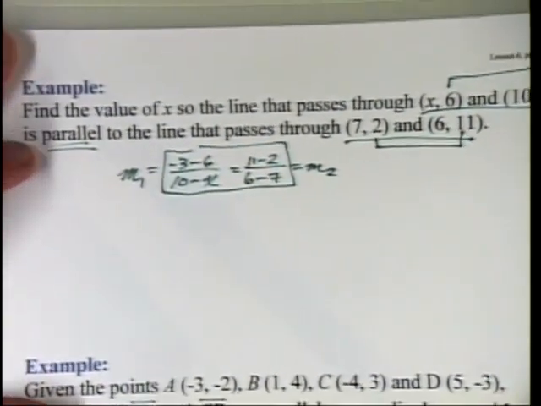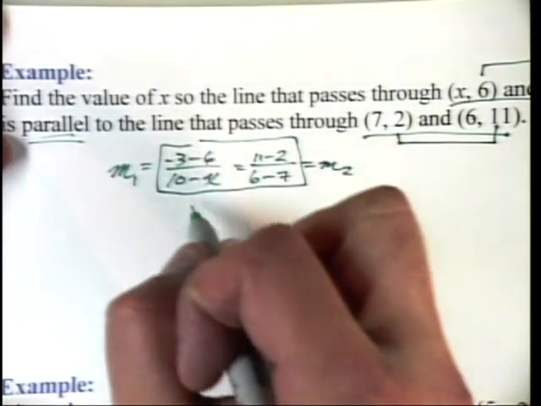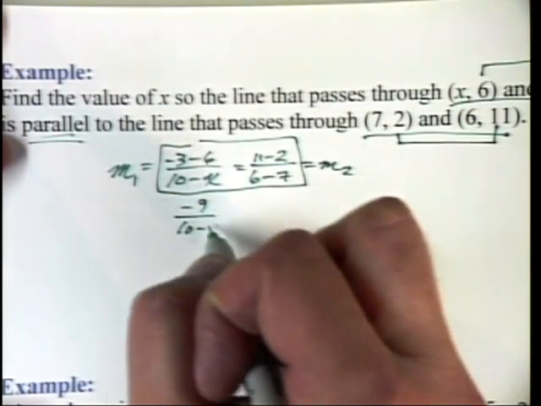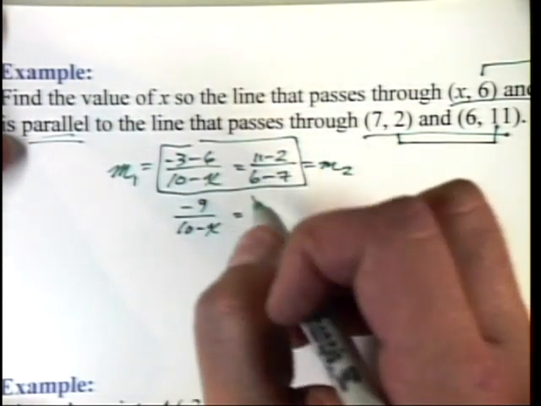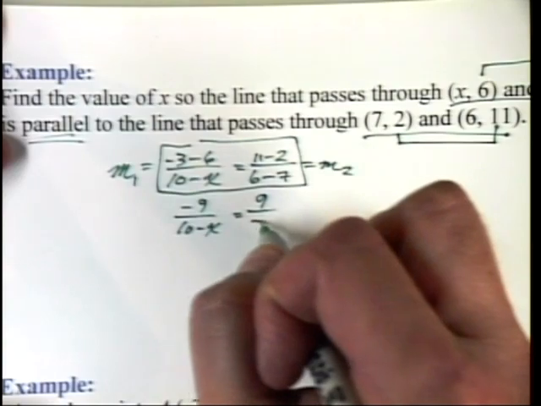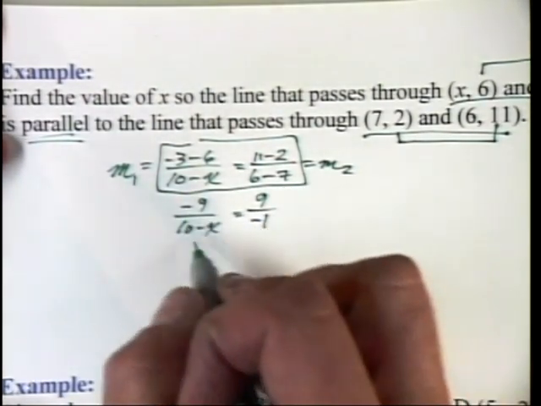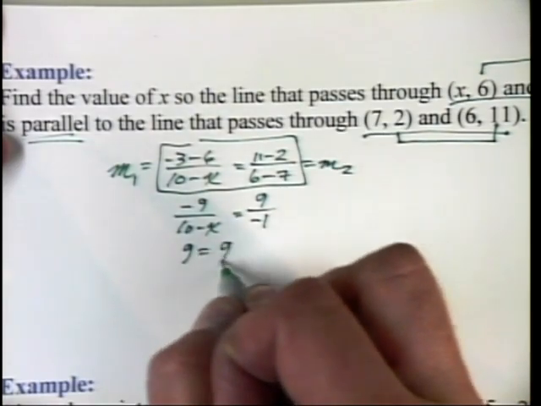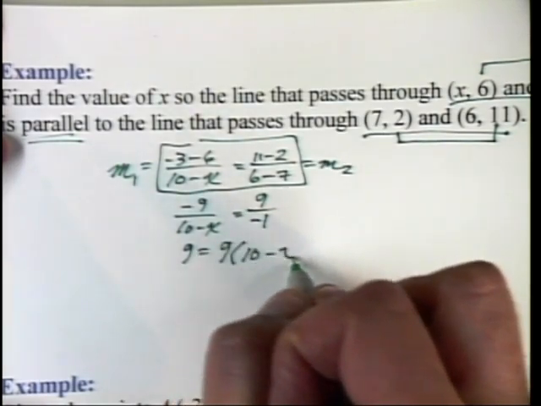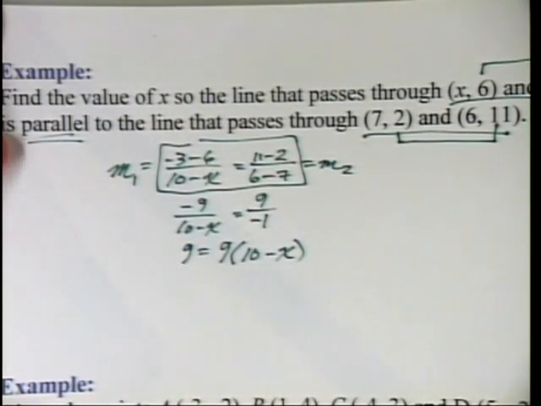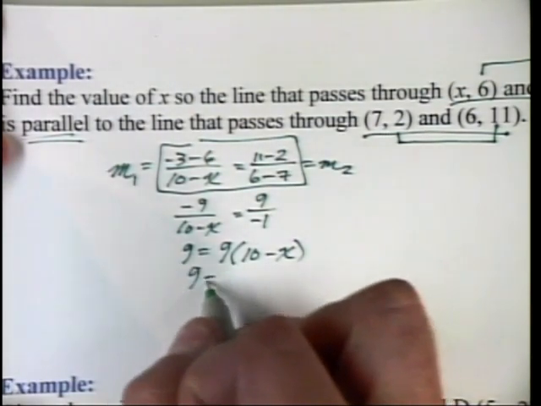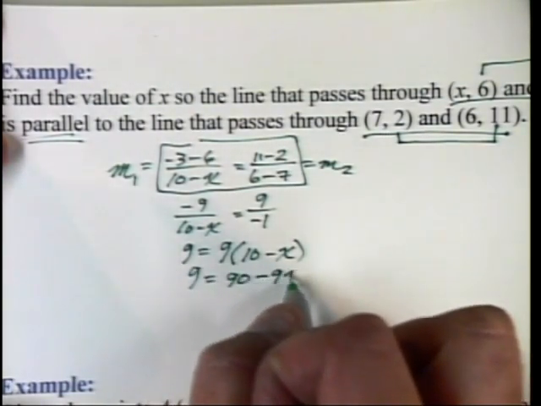I've set up another proportion. Simplifying in the top, I get -9 over 10 minus x, and that equals 11 minus 2. That's 9 over -1. All right, now I cross multiply. -9 times -1 is 9, and I get 9 times 10 minus x. Now I'll distribute on the right-hand side. 9 equals 90 minus 9x.